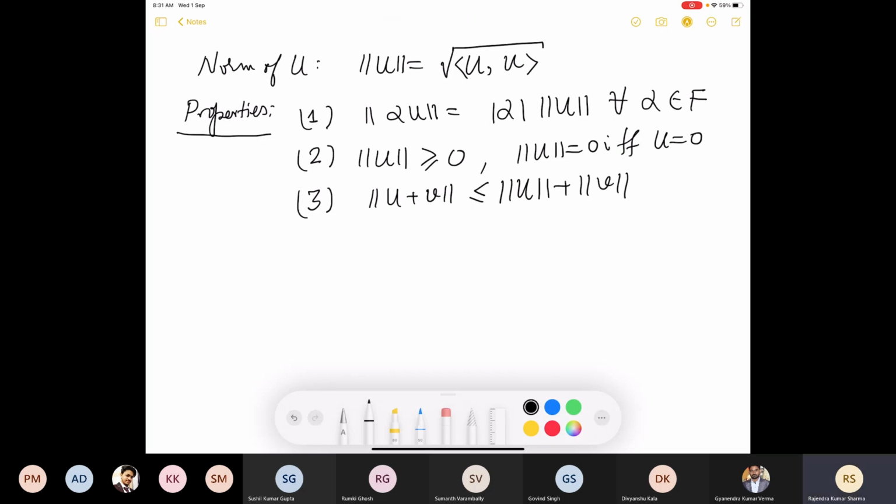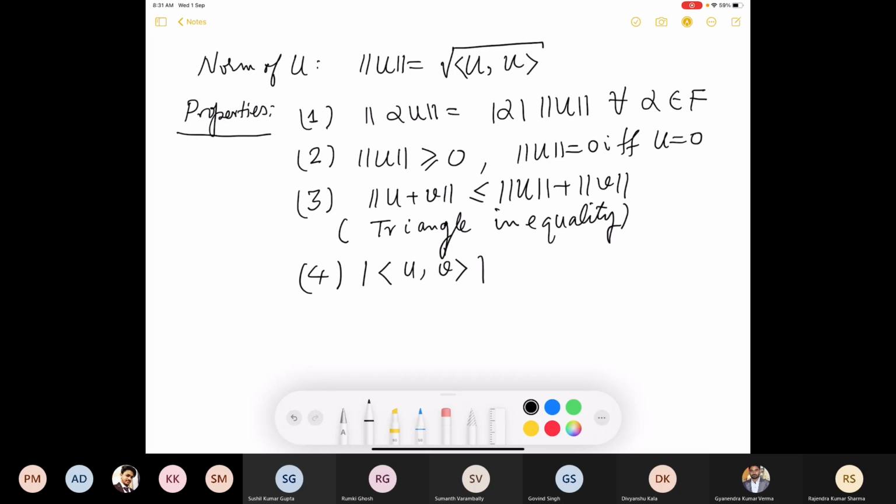This is called the triangular inequality. And the inner product of u and v in absolute value is less than or equal to the product of norm and norm. This is called the Cauchy-Schwarz inequality.